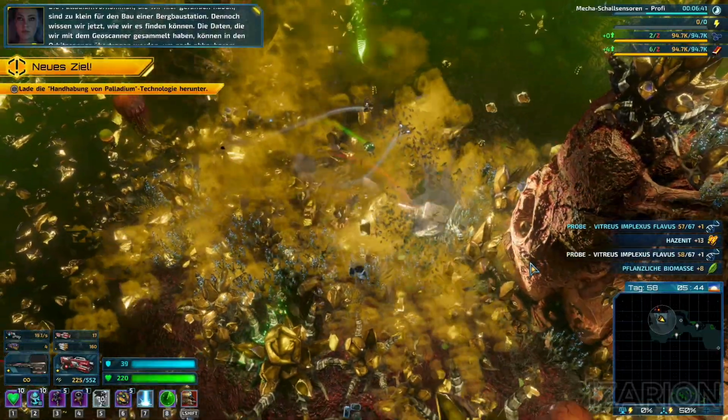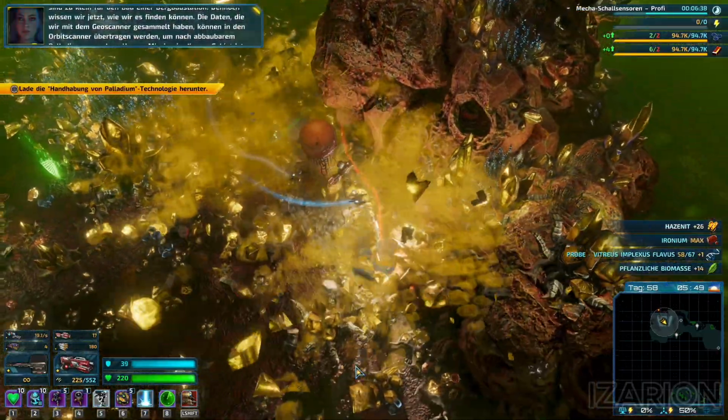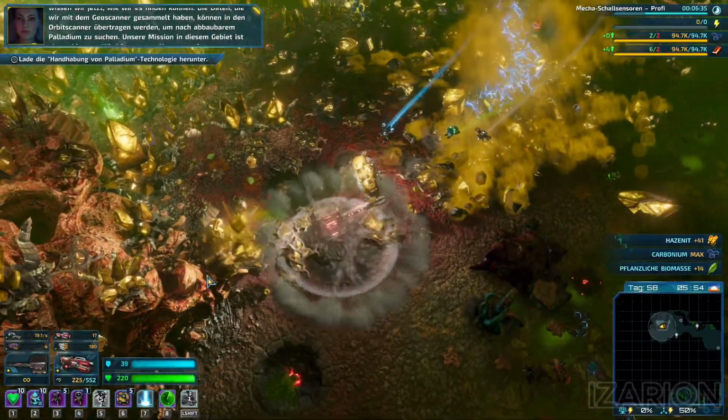However, we've learned how to find it. The data gathered with the geoscanner can be fed to the orbital scanner to search for mineable palladium.